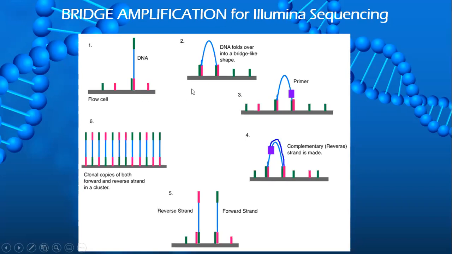Then the second step, the DNA fragment folds over and binds to the second oligo on the flow cell to form a bridge. Then the third step, the DNA polymerase synthesizes the reverse strand, as you can see in these images. And then the forward and reverse strands straighten, release, and repeat to form multiple clonal copies of the forward and reverse strand in a cluster.